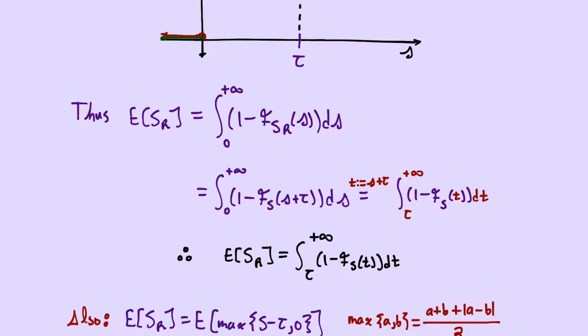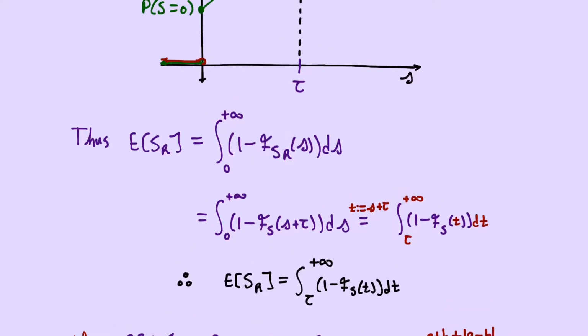And if we make the change, we just have to check these limits. When s is equal to 0, t is equal to tau, so the inferior limit will be tau, and when s goes to infinity, t also goes to infinity, so the new limits will be from tau to infinity, and we just have to integrate 1 minus F of S evaluated on the new variable t, dt, okay?